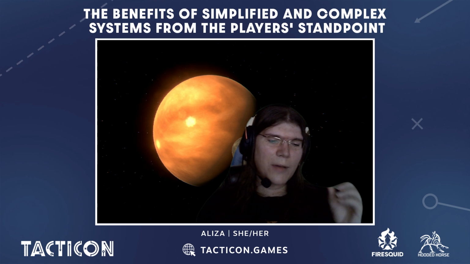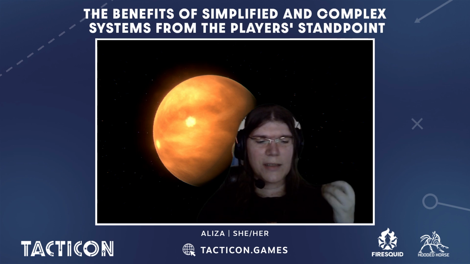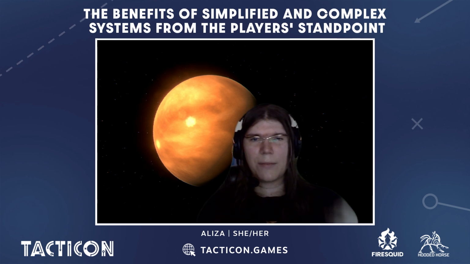If you have a low number of discrete hit points, every damage you take is much more emphasized. It also depends on what your maximum health is, of course.